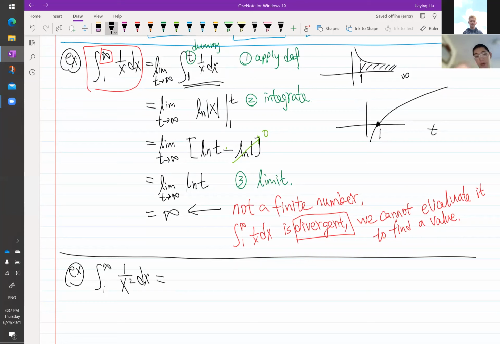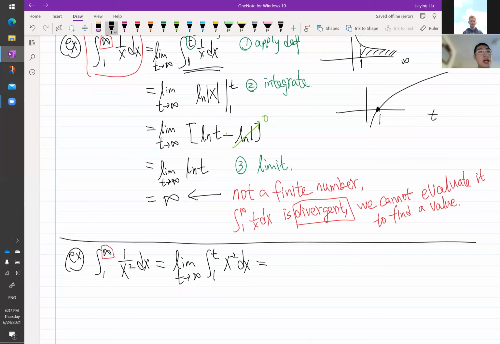Following what we did, because it goes to infinity, that's improper, so we use a t. Limit as t goes to infinity of the integral from 1 to t of 1 over x squared dx. I'm going to rewrite it as x to the -2.